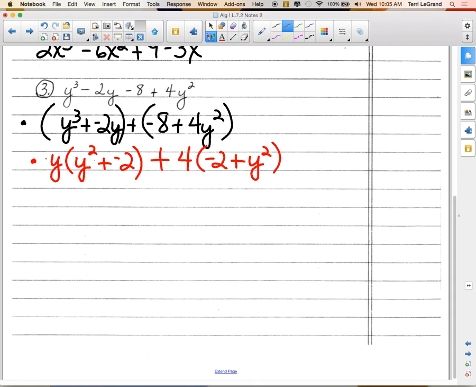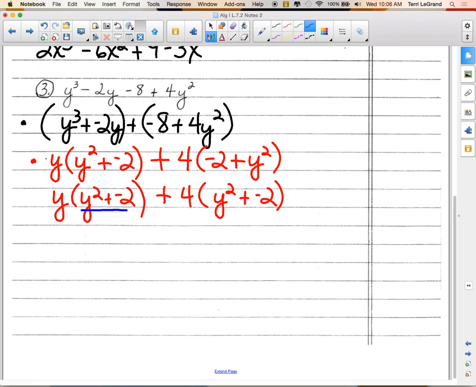Because if we switch this around, we'd have y squared plus a negative 2. And what is it that we're looking for? What do we want to happen? What, Eddie? They're the same. The parentheses, I'm gonna assume that's what you mean. The parenthesis parts are the same, right?